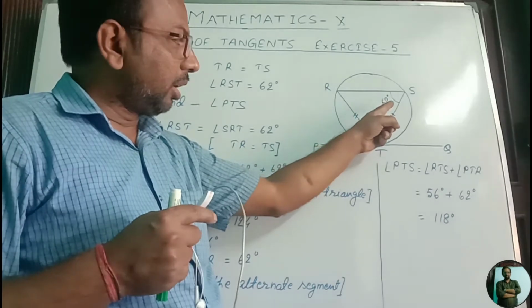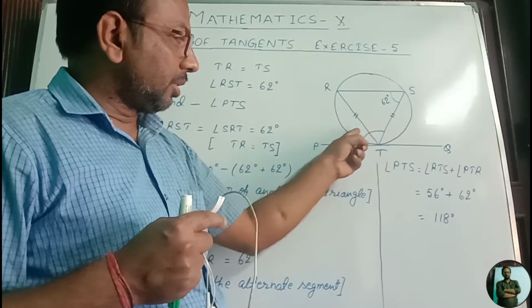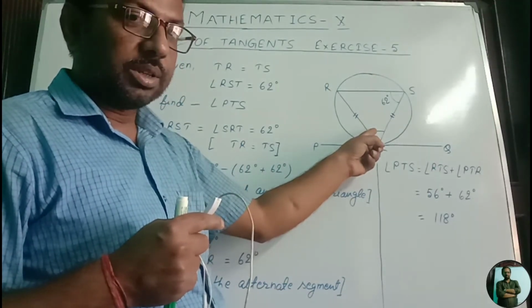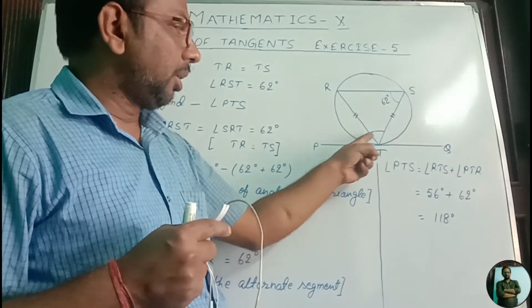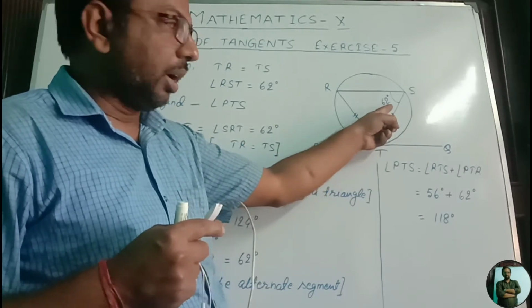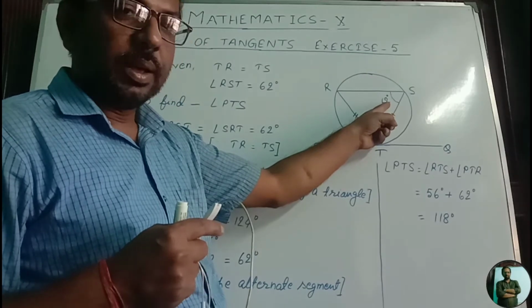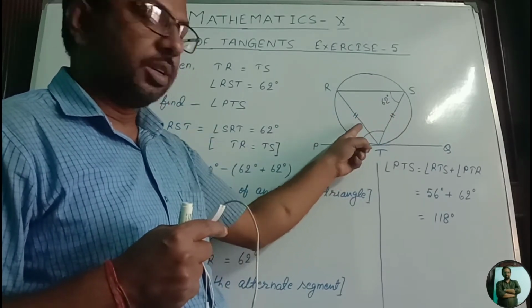I repeat the idea to identify: I have to cross this chord I raised here, then we have to travel along the side that is not used to subtend this angle. Along this side we have to travel to reach the angle I raised here, and that angle is 62 degrees. So this angle is the angle in the alternate segment for this angle between the tangent and the chord.